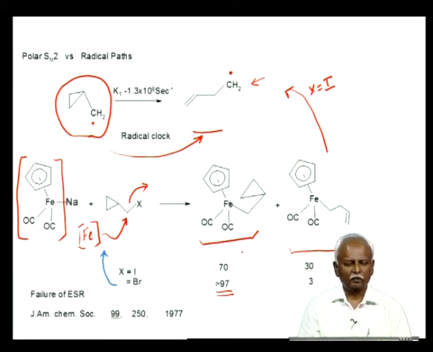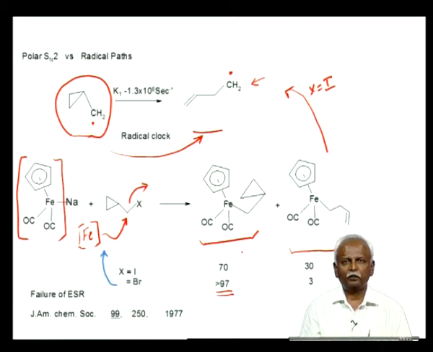So, this was beautiful chemistry which illustrated that radicals are indeed involved, and the surprising feature of this whole study was that ESR was not able to detect radicals in the reaction mixture. In spite of that, because of the radical clock reaction, they were able to show that radicals were indeed formed during the course of this reaction. This brings me to the fact that absence of evidence is not evidence of absence.